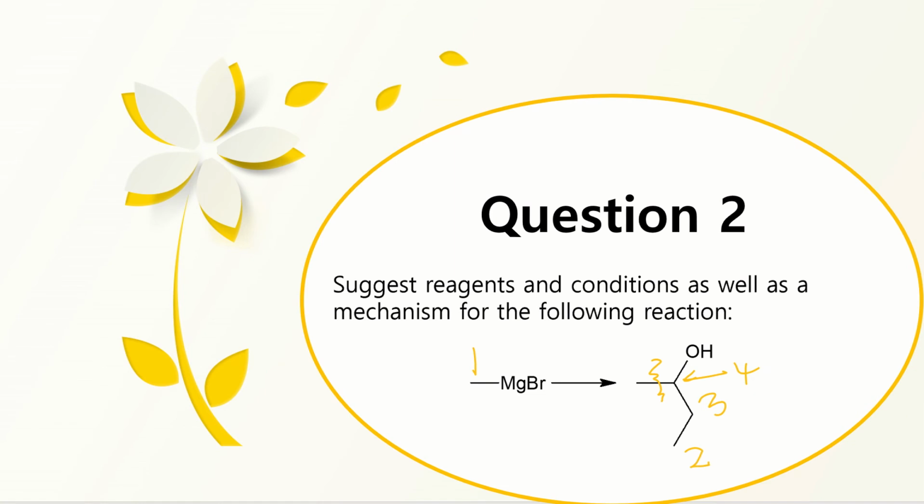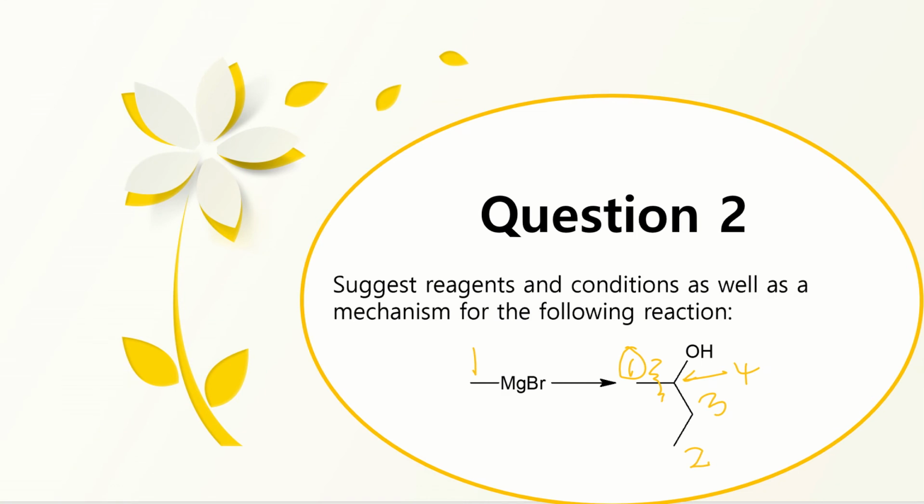If you now identify that this is the methyl that was added, then you are able to say, okay, I must have an electrophilic center at 4. That is how you figure it out. Just number your carbons, identify the methyl.